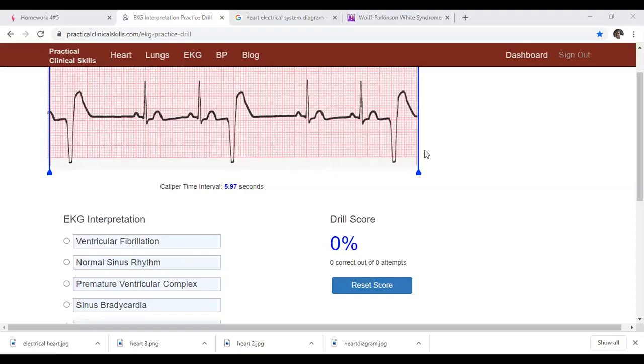What is that called? All right, we got to move on.